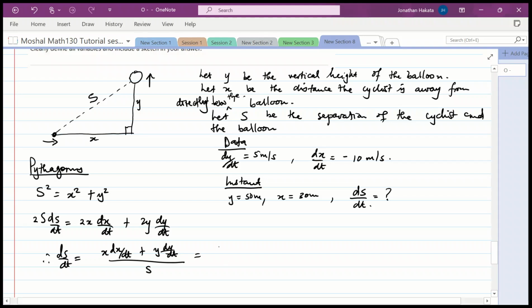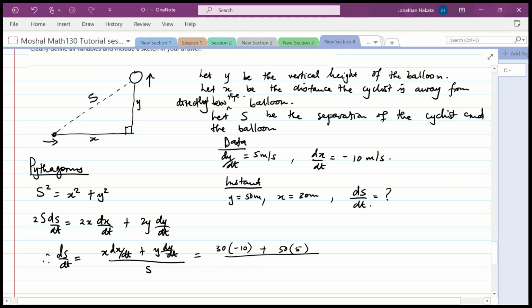So it's going to be 30 for x, and dx/dt is minus 10, plus y is 50 into dy/dt is 5, all over s. Now we don't know s.